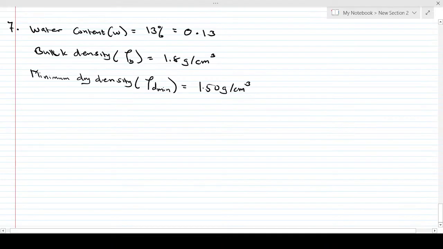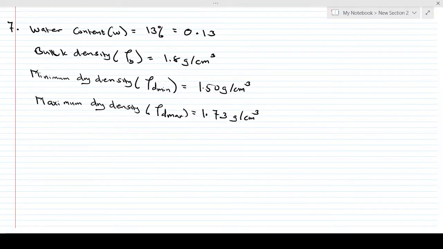We've been given the maximum dry density as well, which is rho d max, as 1.73 grams per centimeter cube. So a natural sand deposit with water content of 13% has a bulk density of 1.8 grams per centimeter cube, minimum dry density of 1.50 grams per centimeter cube, and maximum dry density of 1.73 grams per centimeter cube.